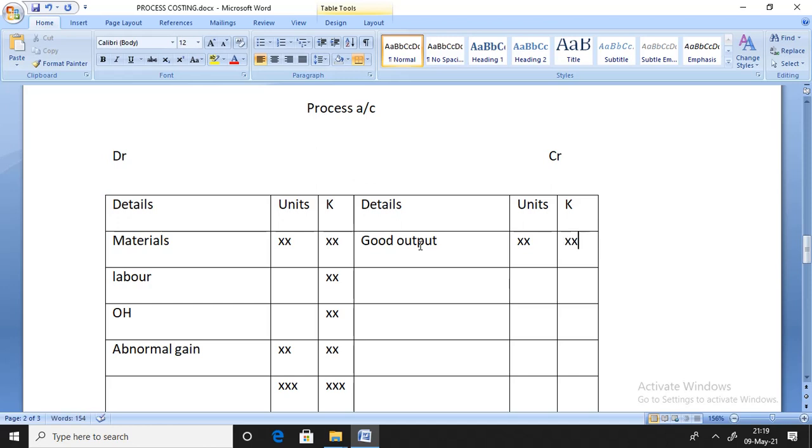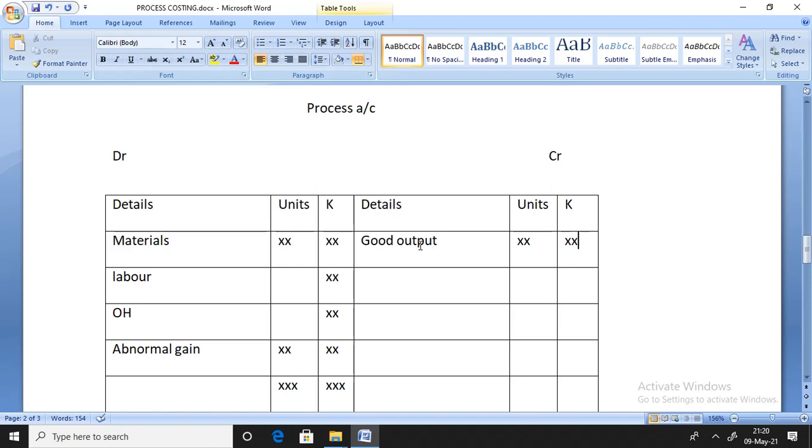Now, just to add something, the value of good output, good units, is what you are going to calculate using the formula that I gave you: total cost of the inputs minus the scrap value of normal loss divided by the expected good output. That expected good output is simply input units, in that case 1000 kg, minus normal loss units 100, which would of course be 900 kg as expected good output.